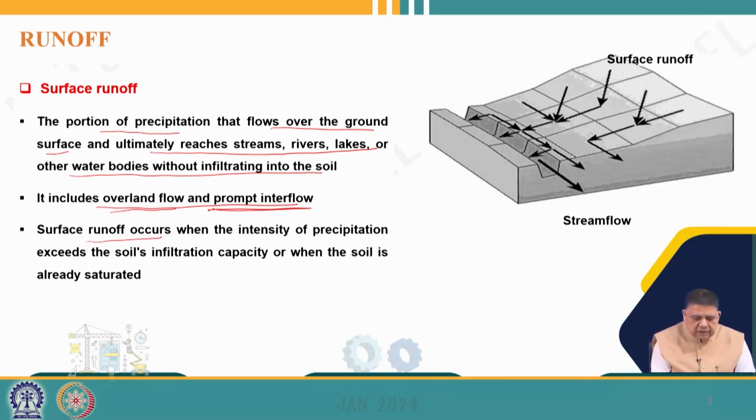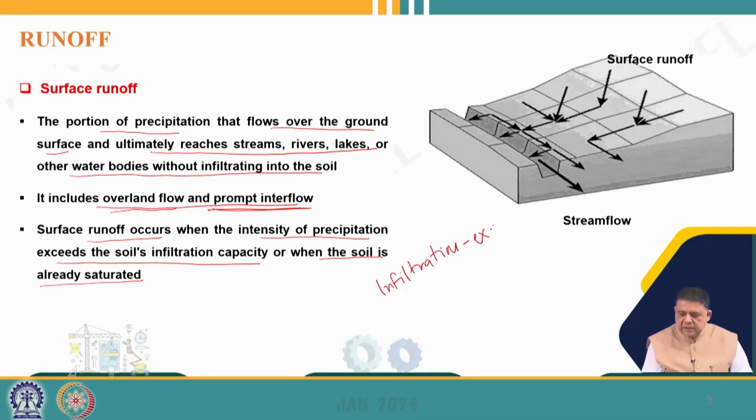Surface runoff occurs when the intensity of precipitation exceeds the soil's infiltration capacity or when the soil is already saturated. That is why, earlier while discussing infiltration, we saw that overland flow could be of two types: infiltration excess and saturation excess.